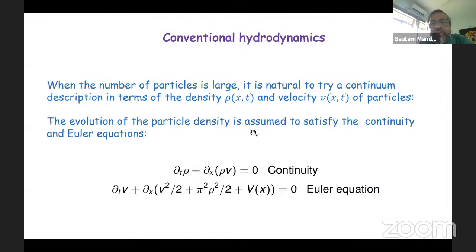The evolution of the particle density and the velocity is assumed to satisfy the continuity and Euler equations of motion. These are the well-known equations, and this is what was tried. The idea is that you take the configuration right after the quench, apply these evolution equations, and see where it goes.